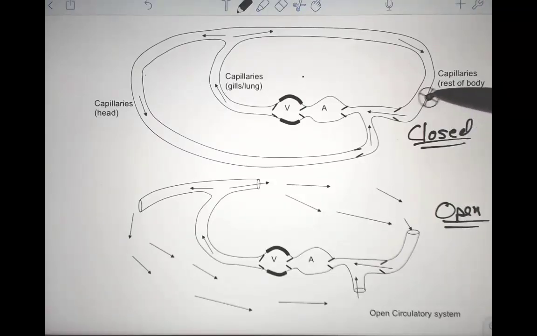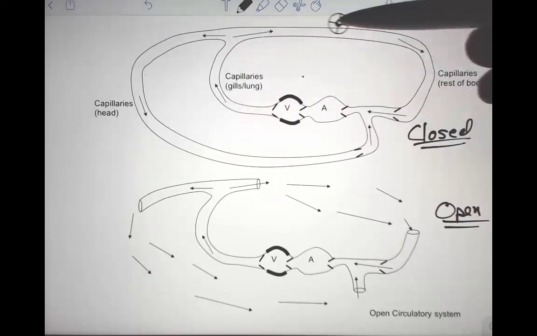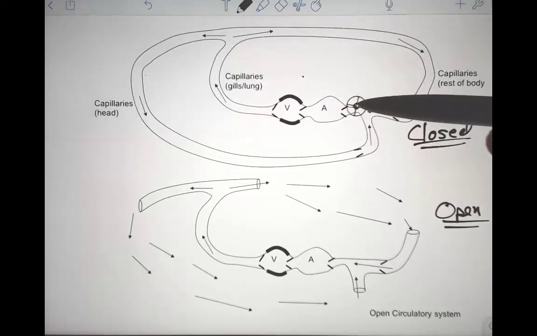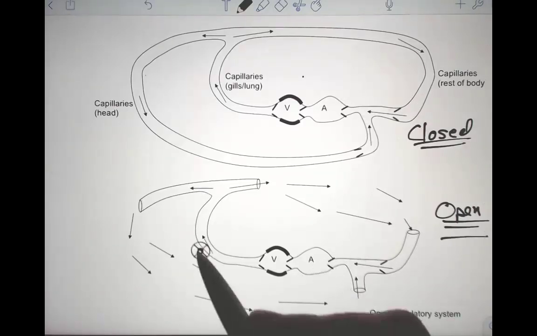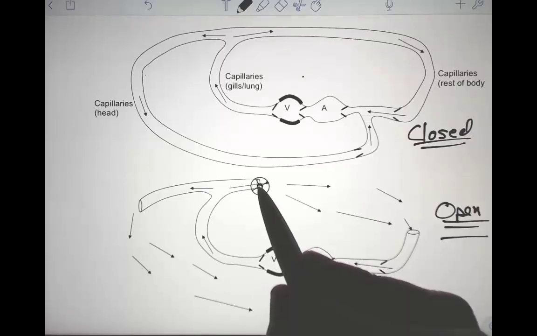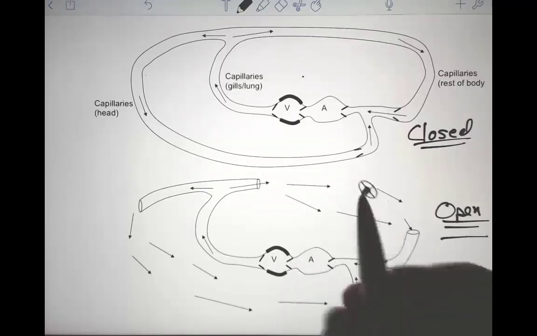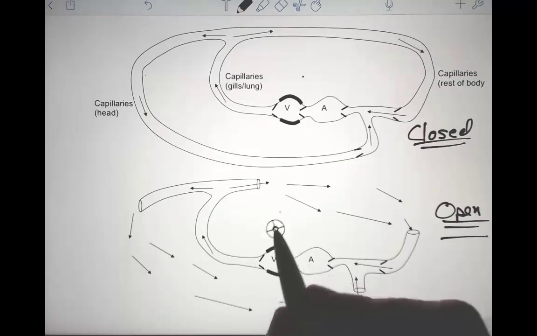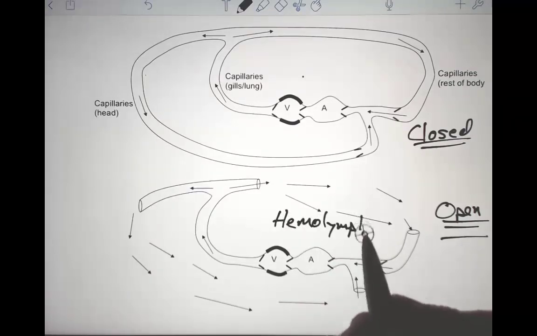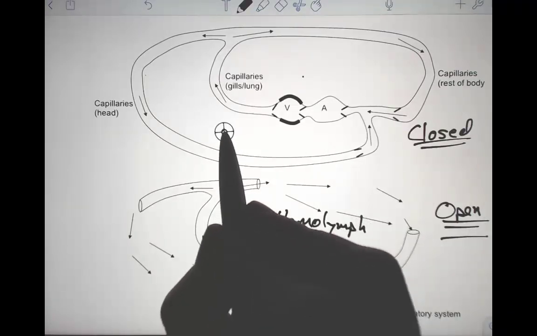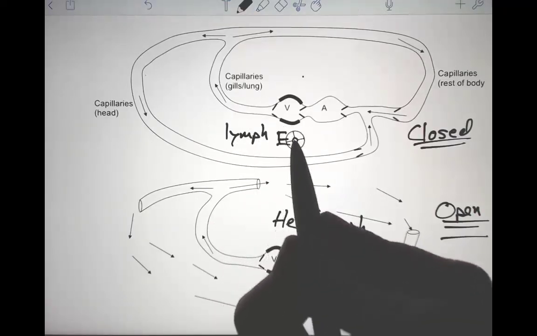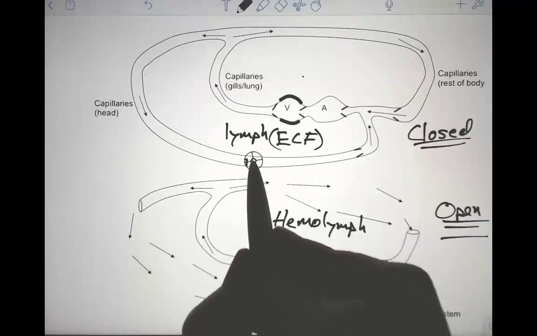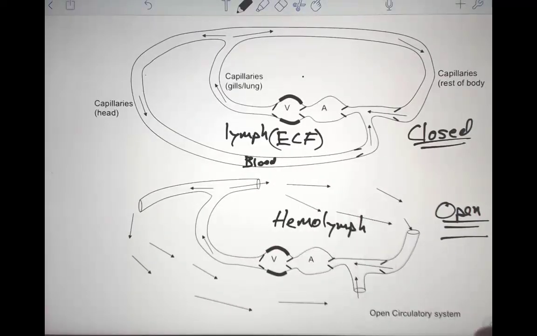I also want to distinguish between closed circulatory systems and open circulatory systems. In a closed circulatory system, the blood is always within tubes, from arteries to arterioles to capillaries to venules to veins and back. In an open circulatory system, you still have a heart, blood goes in arteries, but then those arteries or arterioles just open up, and the fluid is now called hemolymph instead of blood, because in animals with closed circulatory systems, you have lymph that is the same as the extracellular fluid, and blood that always stays within the circulatory system.